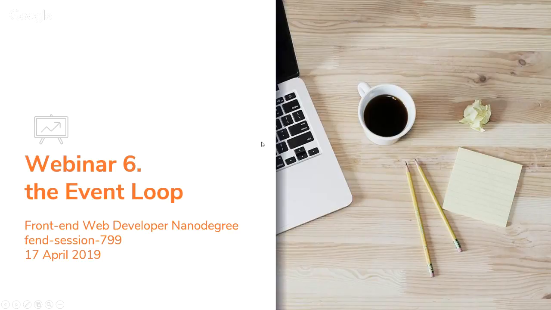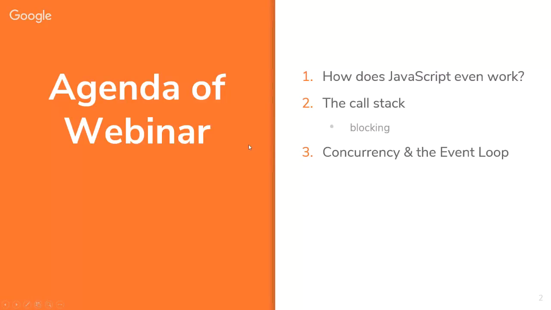Right, so this is the agenda. We'll take a look at how JavaScript works. Then we'll take a look at the call stack, what blocking means, and finally, we'll take a look at concurrency and the event loop.